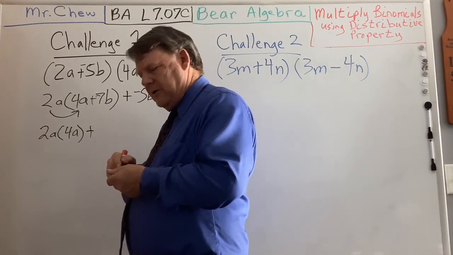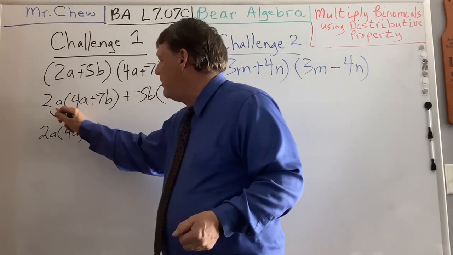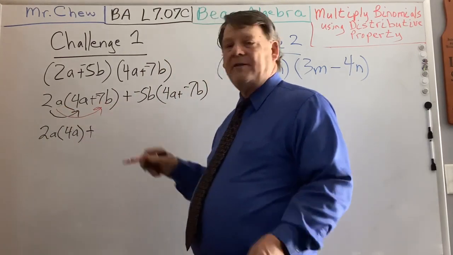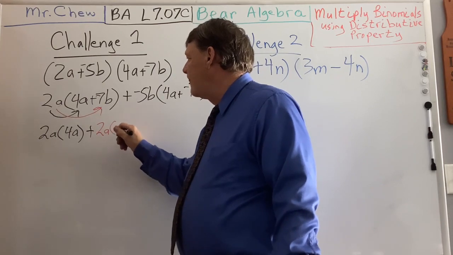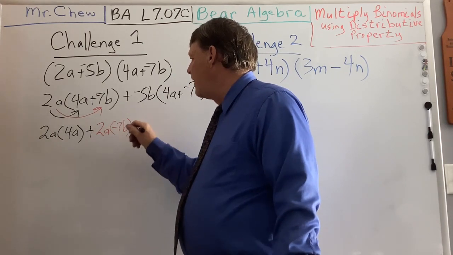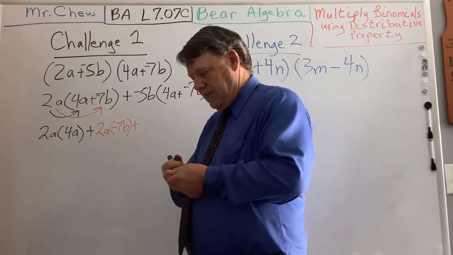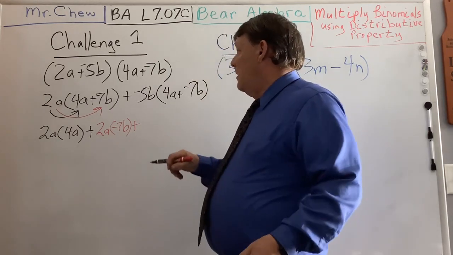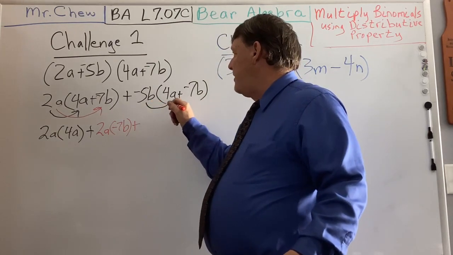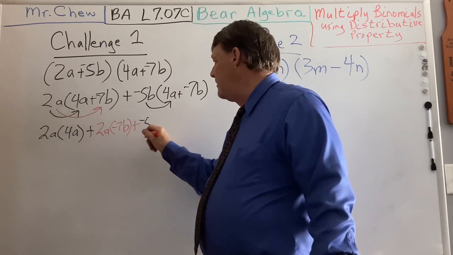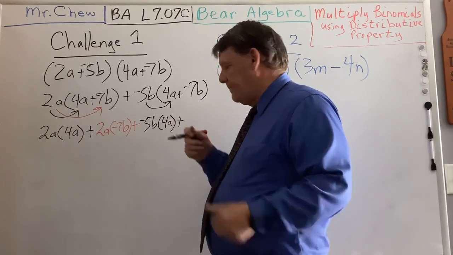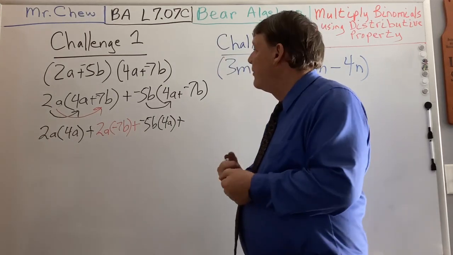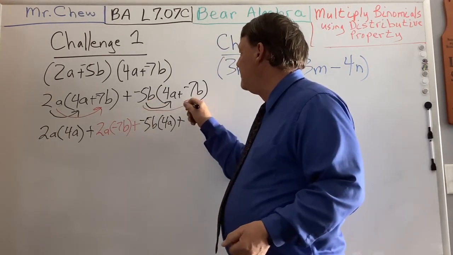Plus, now we take that 2a and multiply it by the negative 7b. Now we're going to take the negative 5b times the 4a. Now we're going to take the negative 5b times the negative 7b.